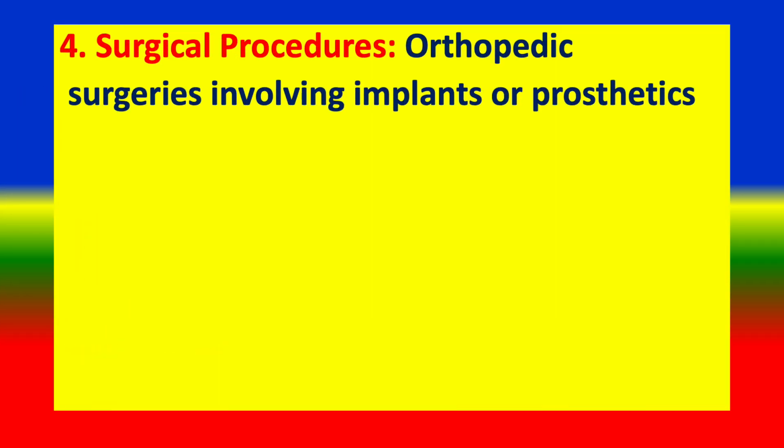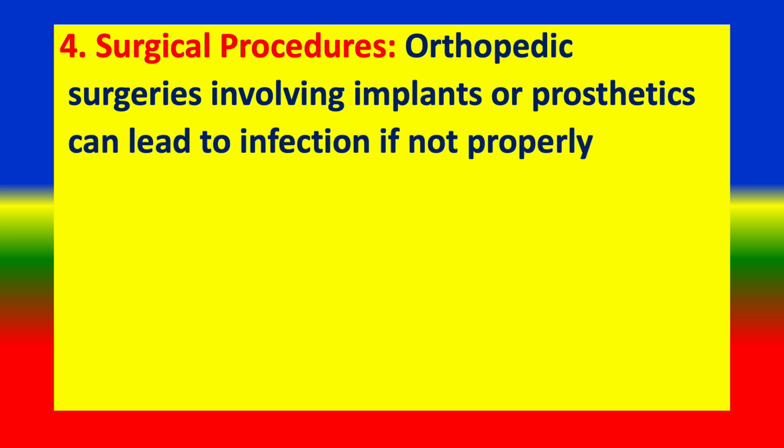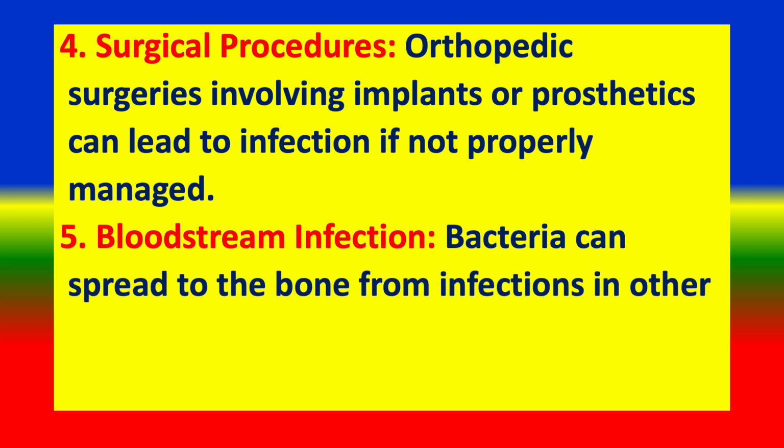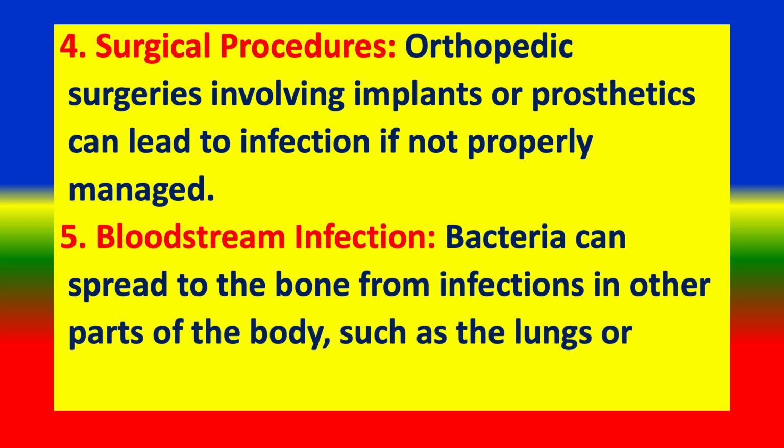Surgical procedures. Orthopedic surgeries involving implants can lead to infection if not properly managed. 5. Bloodstream infection. Bacteria can spread to the bone from infections in other parts of the body, such as the lungs or urinary tract.